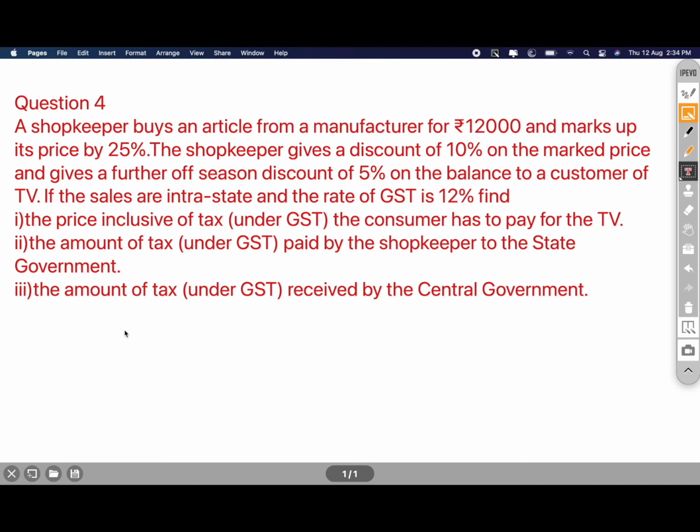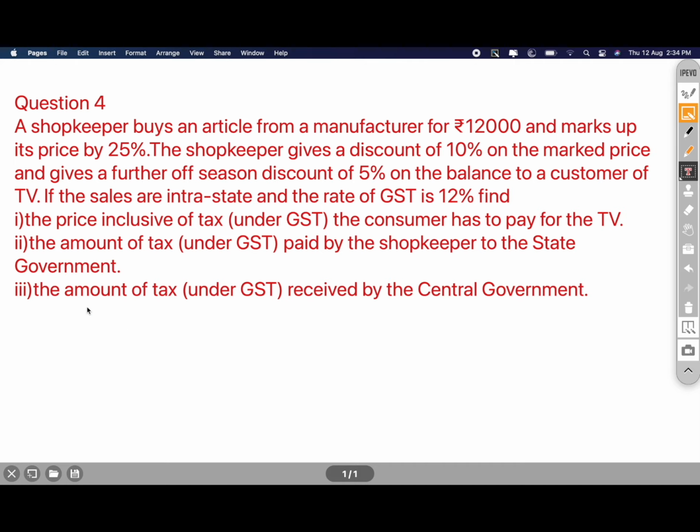If the sales are intrastate and the rate of GST is 12%, find number 1, the price inclusive of tax under GST the consumer has to pay for the TV. Second part, the amount of tax under GST paid by the shopkeeper to the state government. And number 3, the amount of tax received by the central government.